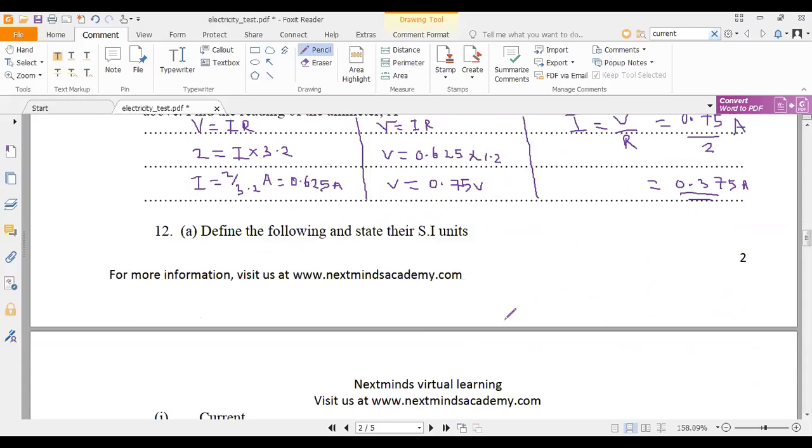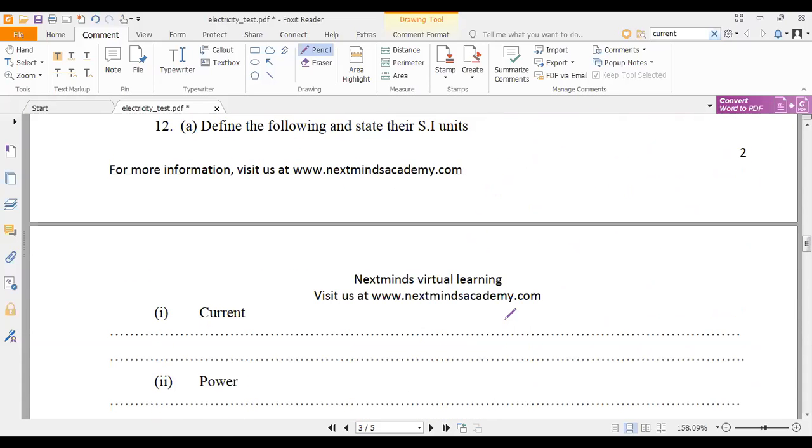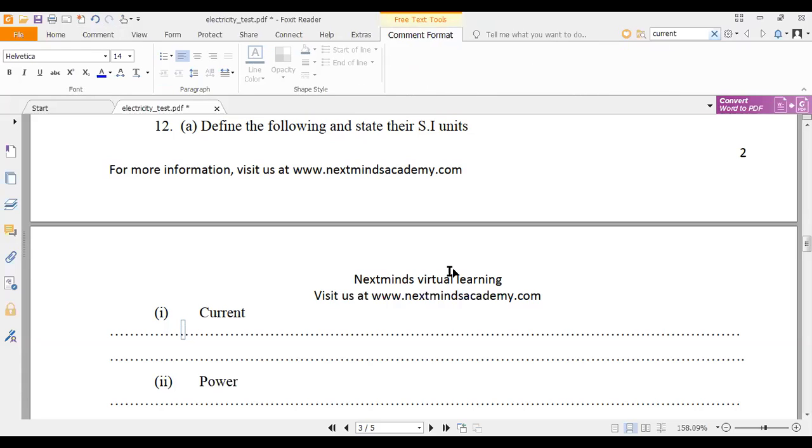Okay, we have another question which asks us to define the following, stating their units. Starting with current, we define current as the rate of flow of electric charge.